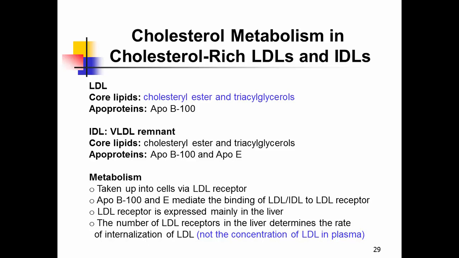And the number of LDL receptors in the liver determines the uptake of LDL, right? So it is the number of LDL receptors that controls LDL concentration in the circulation. And this uptake process involves two apoproteins, ApoB100 and ApoE. Does that make sense? Any questions?